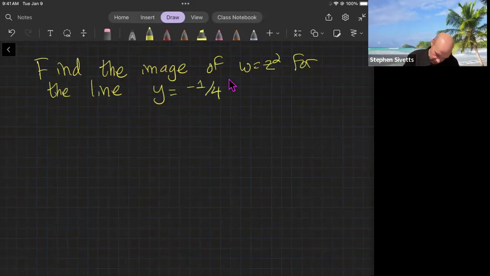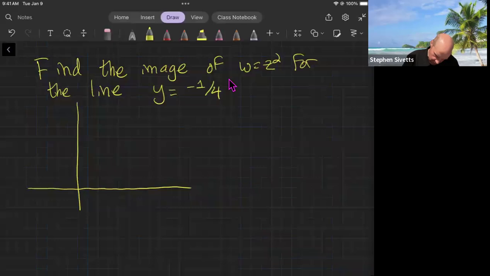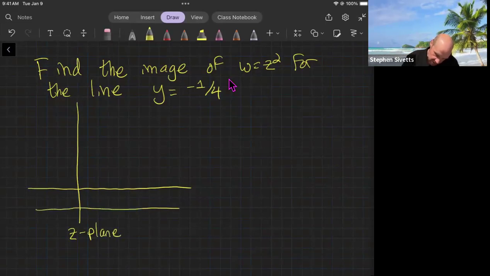So this time, in the z plane, we have the line y equals -1/4. This is our set S.